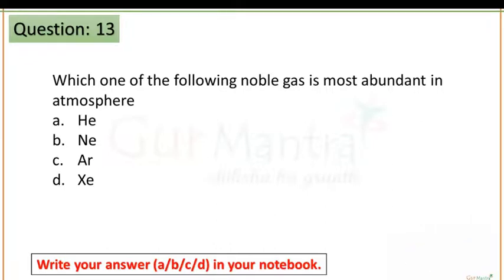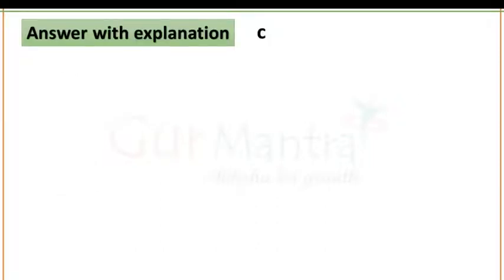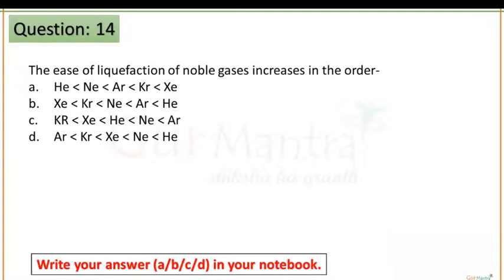The correct answer is option number C, that is argon. Argon is the noble gas that is most abundant in atmosphere. So the correct option is option number C. Next question.